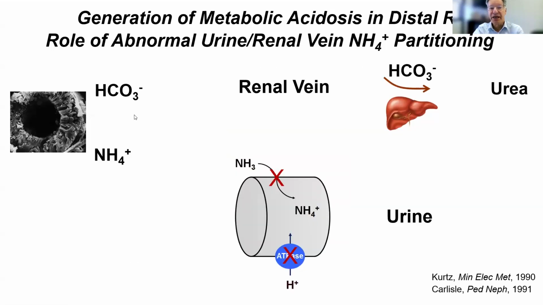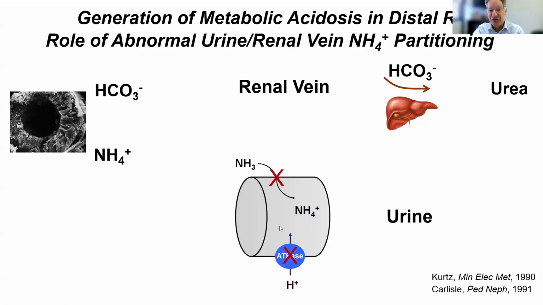Unfortunately, we're missing the arrows again. But what happens here is that the ammonia that normally would be 80% in the urine and only 20% in the renal vein, with distal RTA, you can't get that 80% in. You need to be able to acidify the urine in order to get ammonia from the interstitium to cross over into the collecting duct lumen.